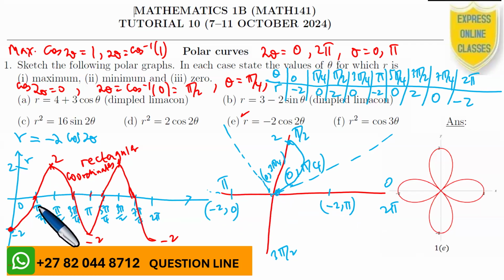Okay, now let's analyze this graph. From theta equals 0 to pi over 4, it goes from -2 to 0. Between 0 and pi over 4, you can see a sort of decrease in the magnitude.